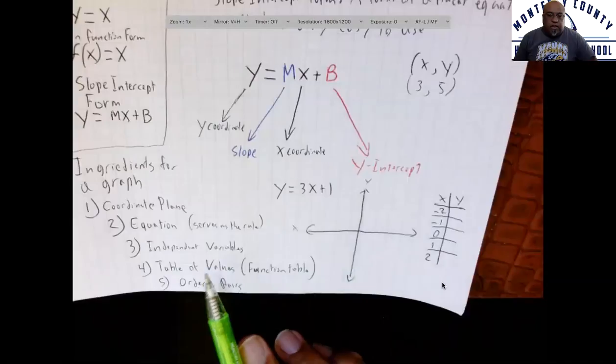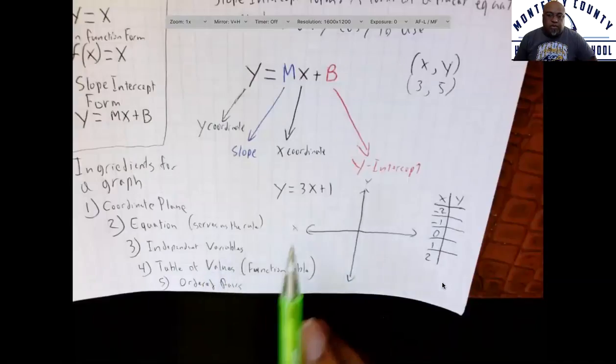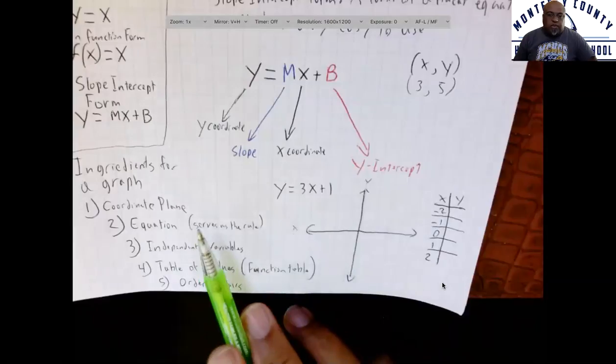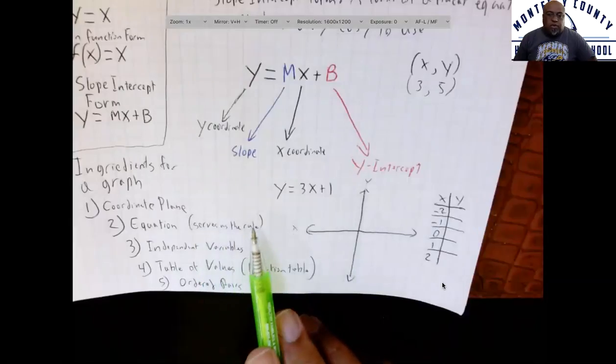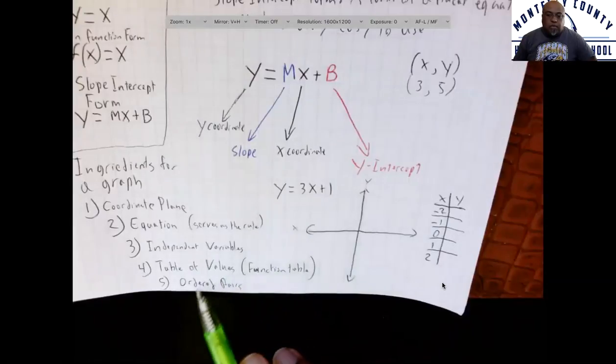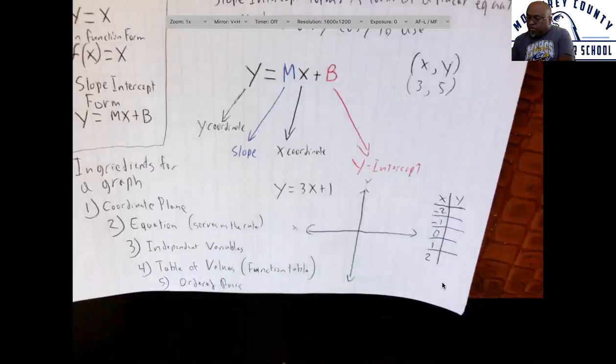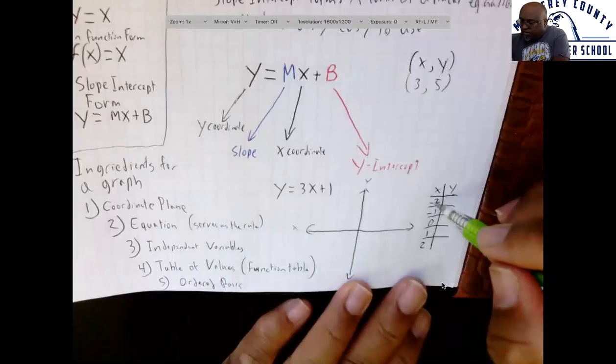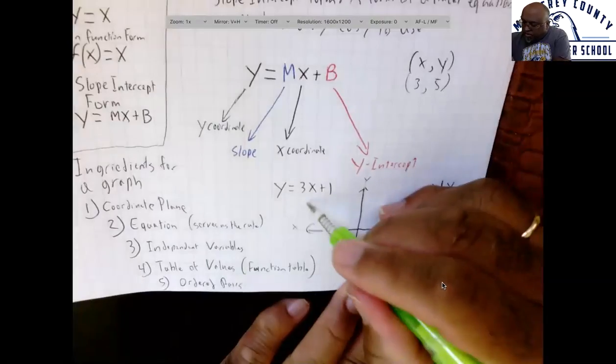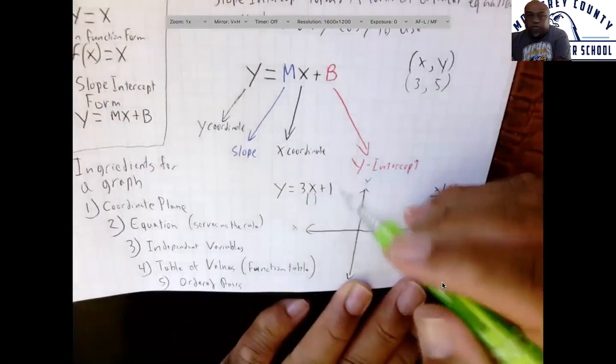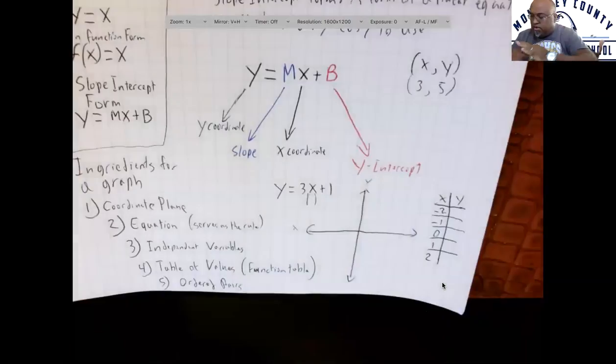So now I don't have a table of values yet, but I have to use my equation, because remember, my equation serves as the rule in order to get my dependent variables, or my y values. And then I will have ordered pairs. So let's use -2. If I use -2, I'm going to use a pencil so I can erase this.